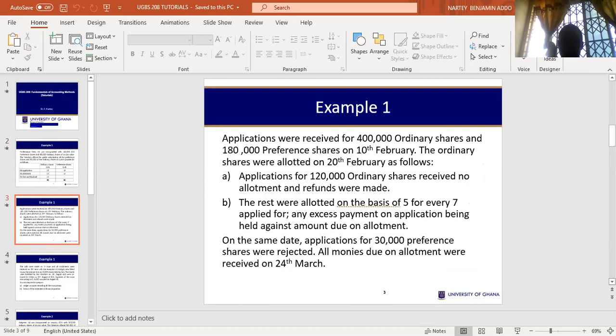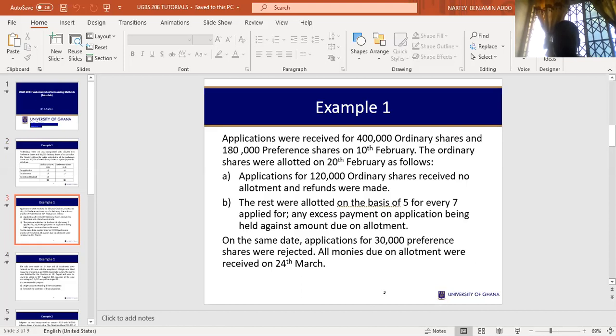Now, applications were received for 400,000 ordinary shares and 180,000 preference shares on 10 February. The ordinary shares were allotted on 20th February as follows. Applications for 120,000 ordinary shares were received no allotment and refunds were made.